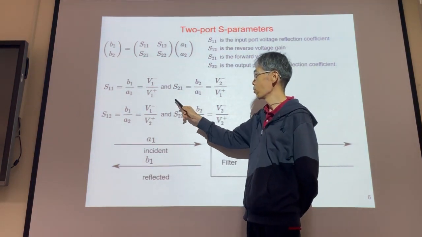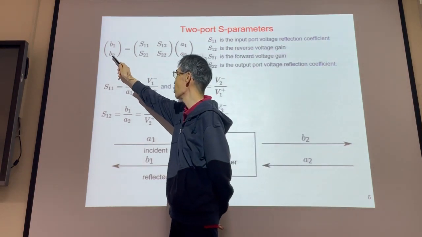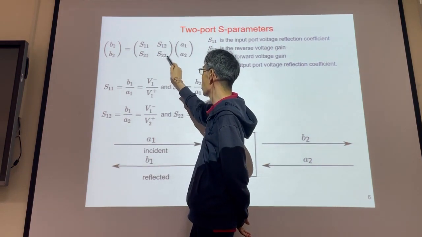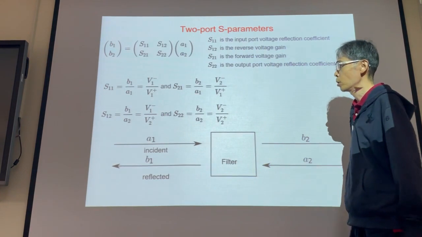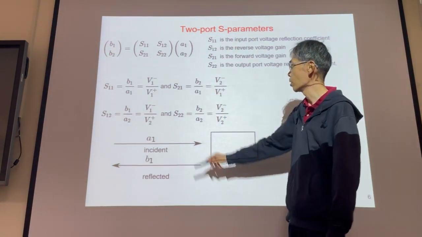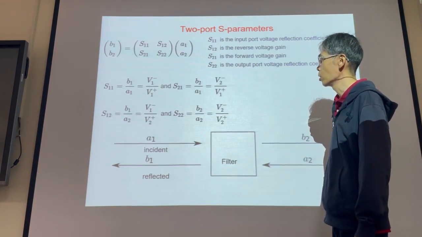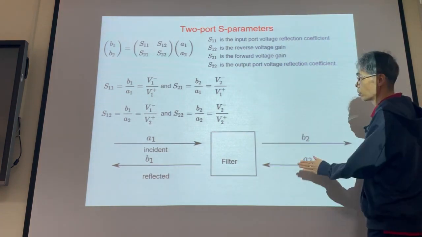S21 is the same. B2 equals S21 times A1 plus S22 times A2. But this one is under the condition A2 is 0.